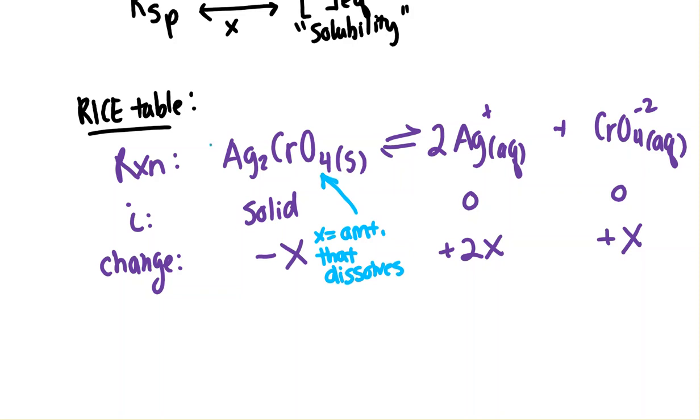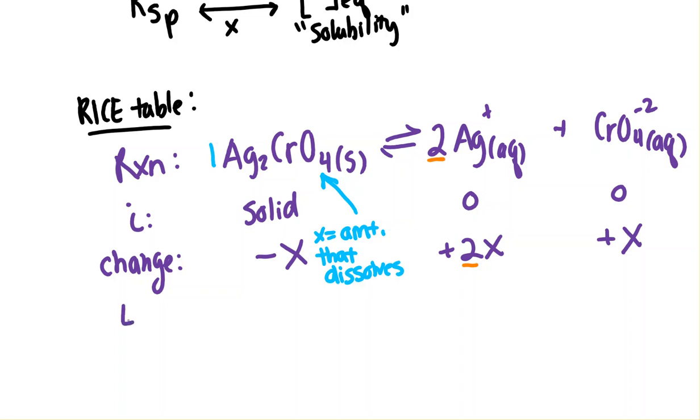This number here is always going to be a 1, so it'll always be minus 1x. When you come over here, this is a 2 because of this 2 here. Every one of the silver chromates that dissolves produces 2 silver ions. And this again is a 1 because there's a 1 here. So on this step, we always look at the coefficients.